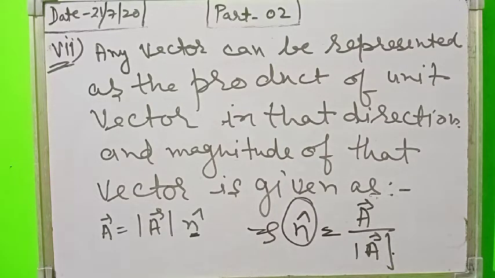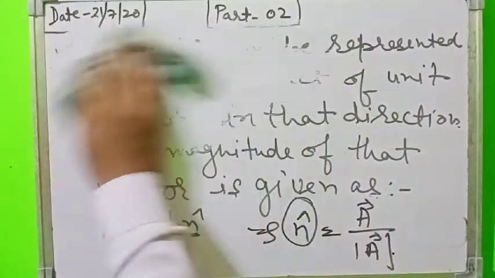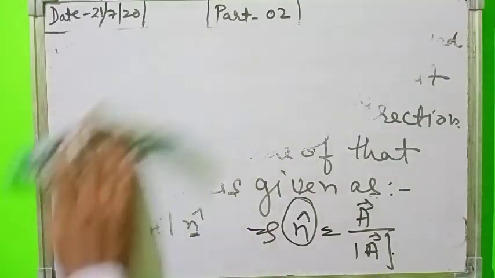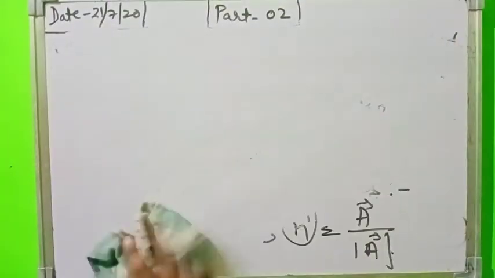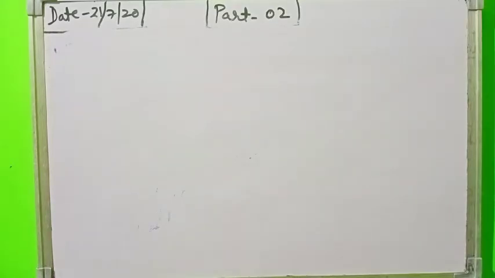Next is unit vector along x, y and z axis. I think it is clear to you, students.